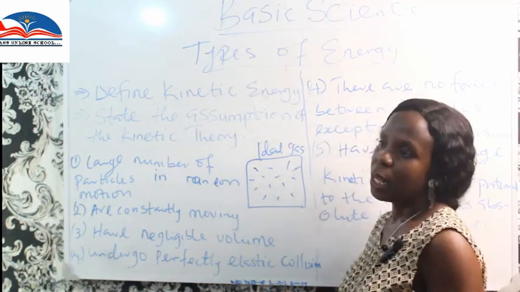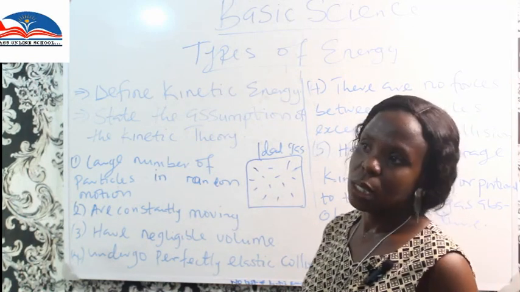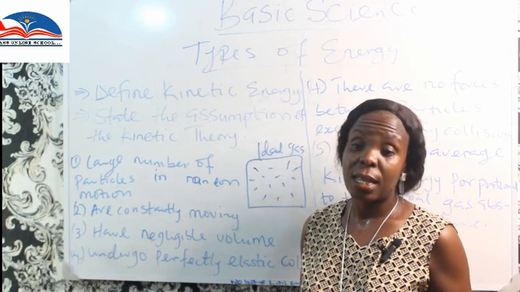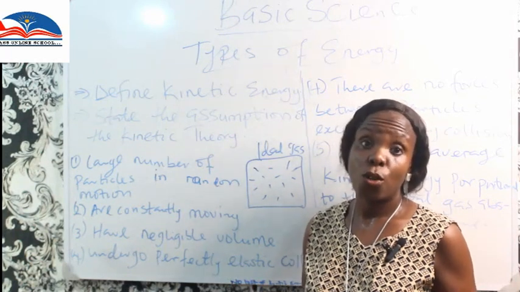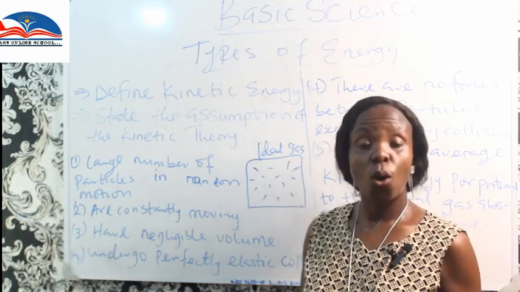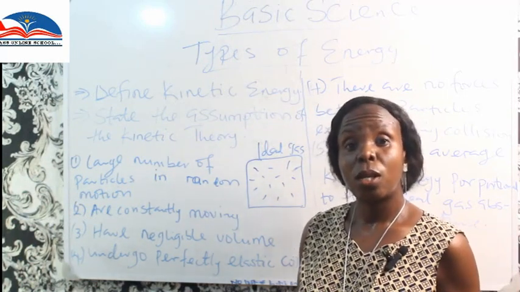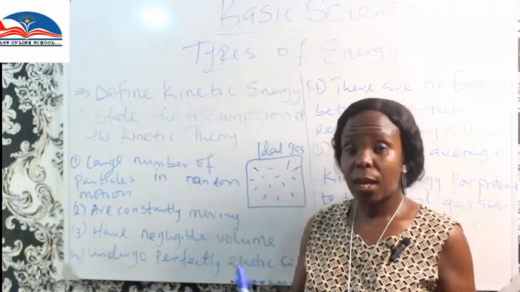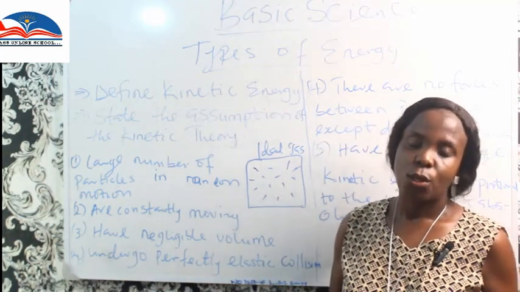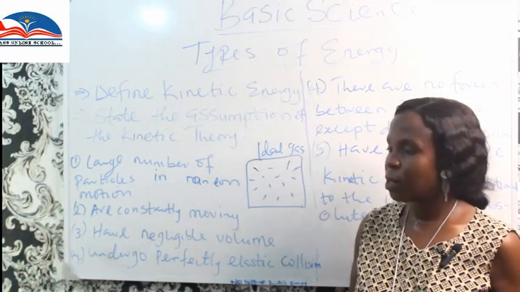In physics, there are some studies that involve things that cannot be visible to the human eyes, like atoms or molecules. These are microscopic elements that cannot be seen with the physical eyes. And so that's the assumption.